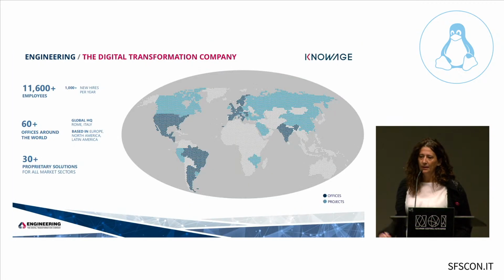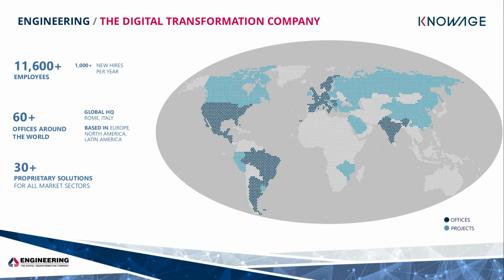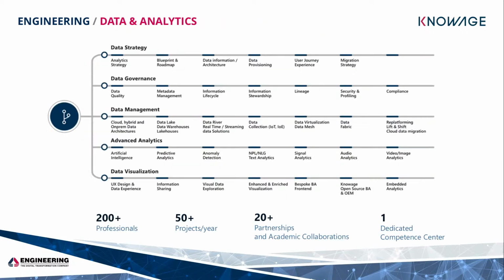Engineering, as I said, is the big player in Italy and also a worldwide company with more than 11,000 employees and many offices all around the world. Here we have a data and analytics competence center with a lot of professionals that cover all the needs in the data strategy domain.